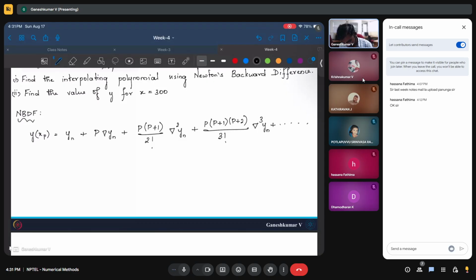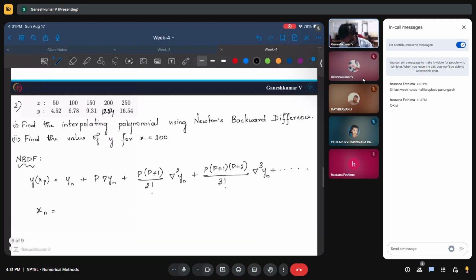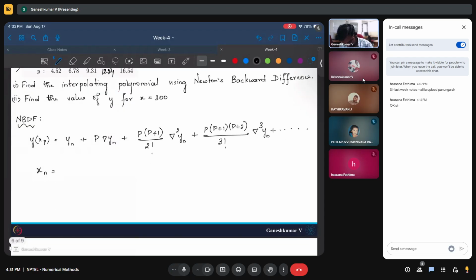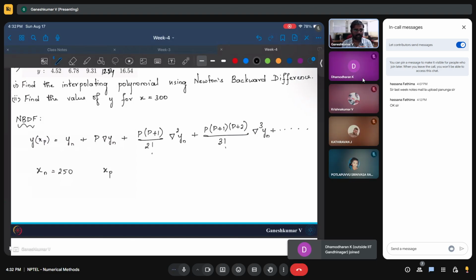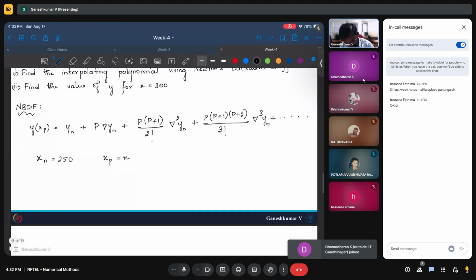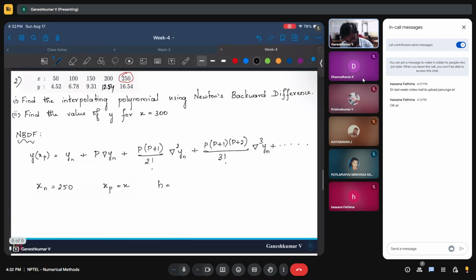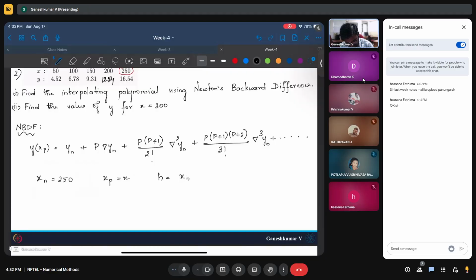Now we need to choose x naught. Here it is xn, so your xn is going to be your final value here, 250. Okay, and in order to find the polynomial, we keep xp to be x, so that you will get a functional form. So you keep xp the same as x, and h is the difference between, let's say, xn minus xn minus 1, which is 50.